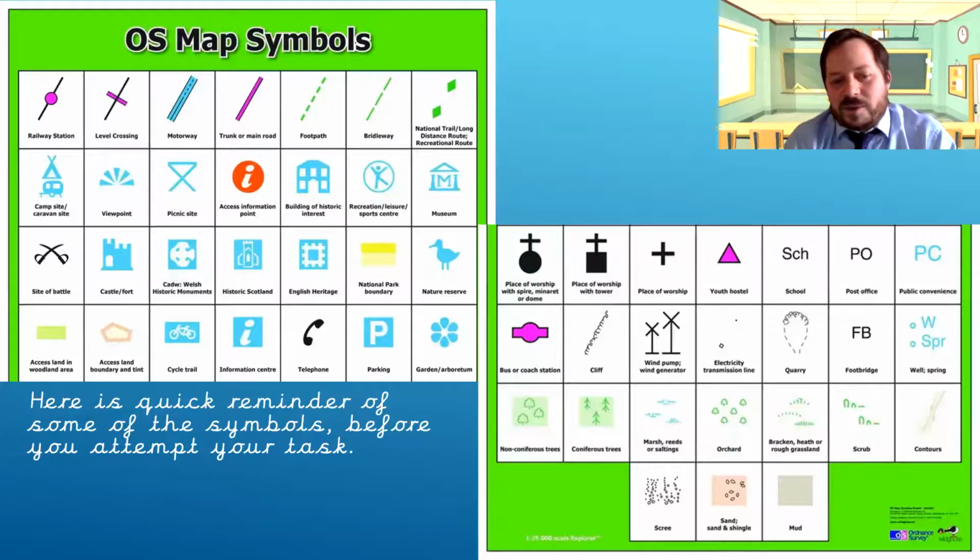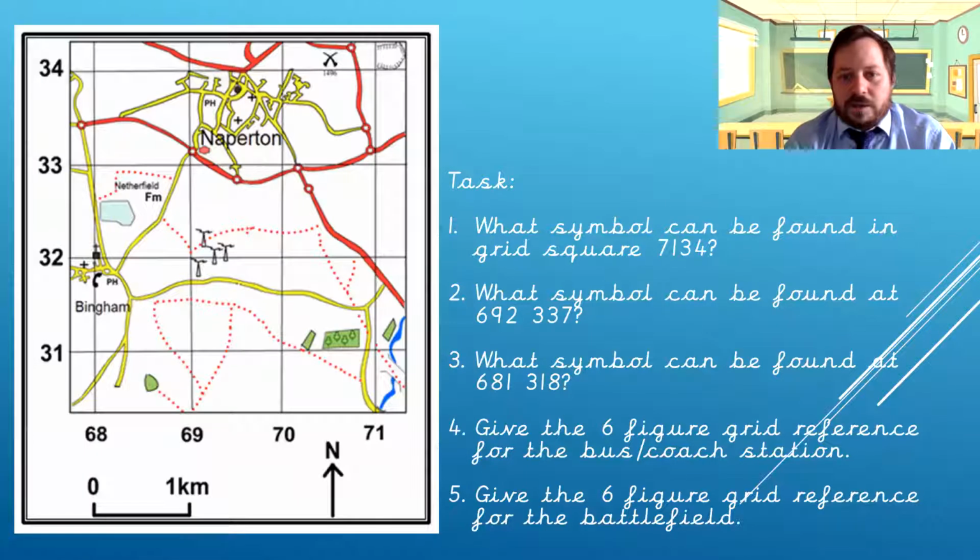So this is a quick reminder of your symbols before you attempt your task. So have a look at these. You can always pop back to these if you need to at a later point. Here's your task. I want you to think about what symbol you can find in the grid reference 7134. I want you to use a 6-figure grid reference to have a look at the symbol that is at 69.2 and 33.7.